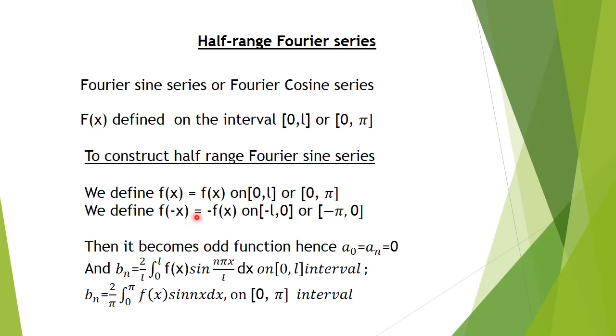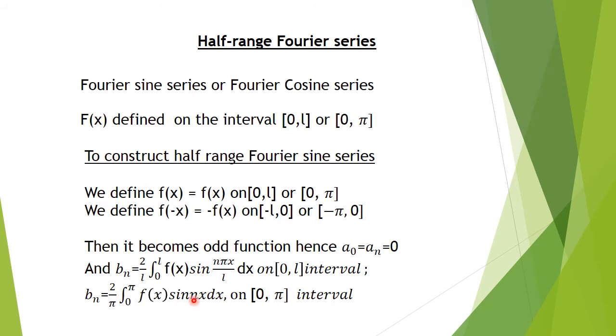When f of x becomes an odd function, then a0 and an will be 0, and bn will be 2 by L integral 0 to L f of x sin n pi x upon L dx on the 0 to L interval. If you want it on 0 to pi, you just substitute L equal to pi. So bn will be 2 by pi integral 0 to pi f of x sin n pi x by pi, so pi gets cancelled. It will be sin nx dx on the 0 to pi interval.